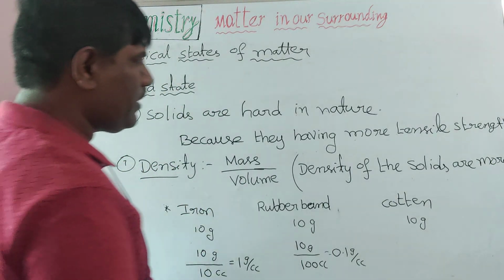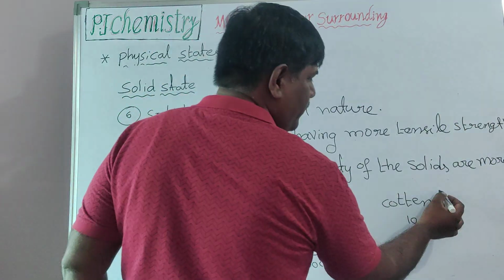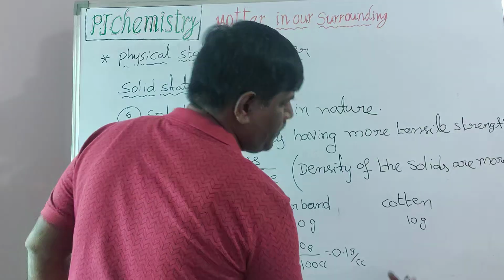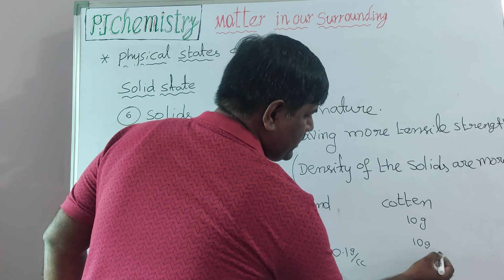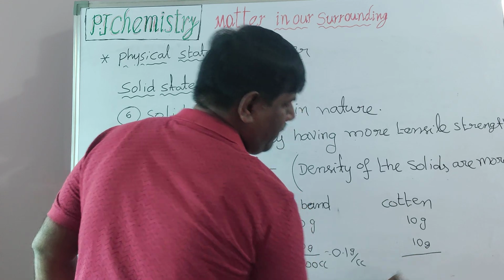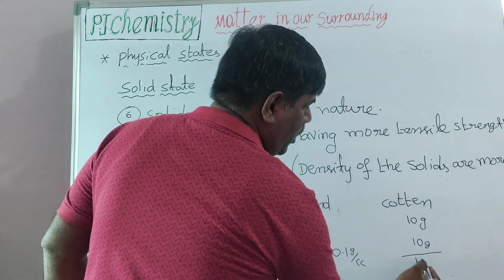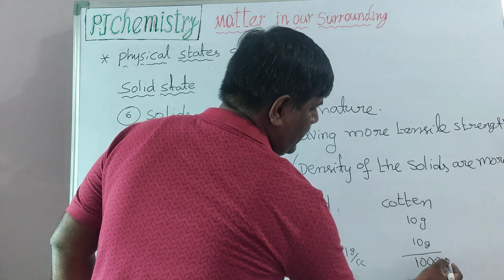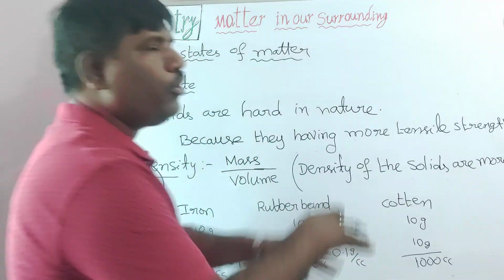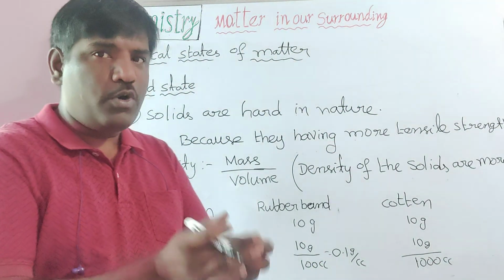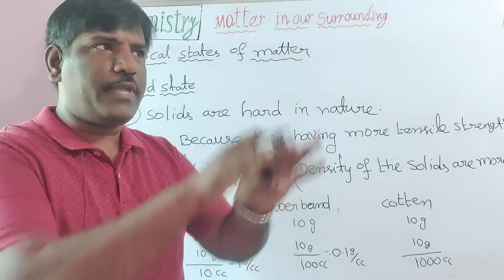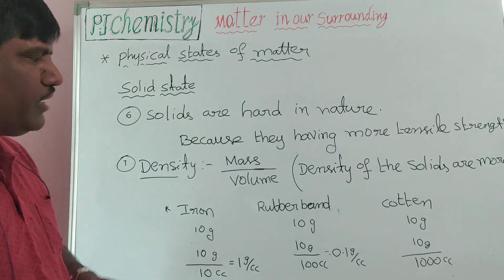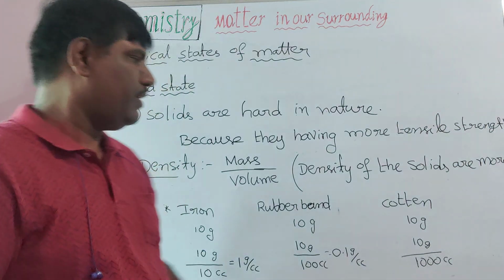Next, cotton or sponge, you can take either one. The 10 grams mass is the same, but it occupies 1000 cc. It looks like more amount because there is more space between the particles. Based on space, it appears as a larger amount; that is the volume we are considering.